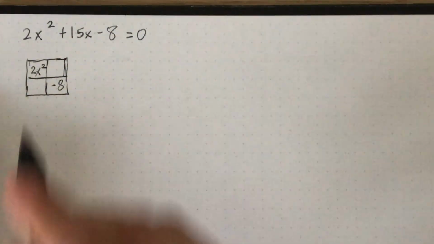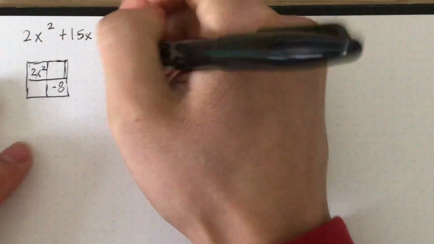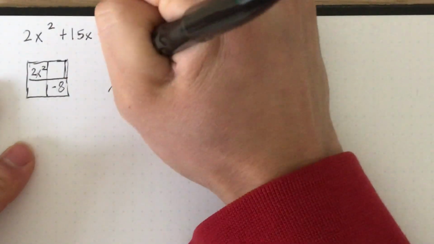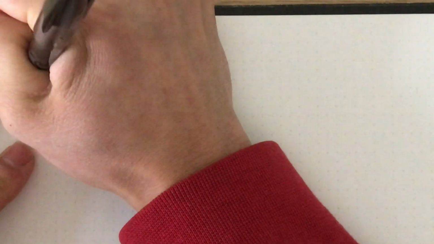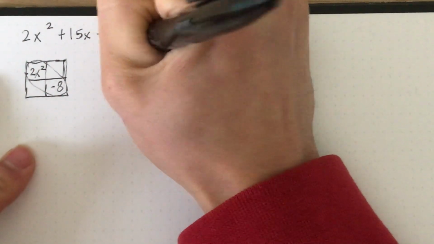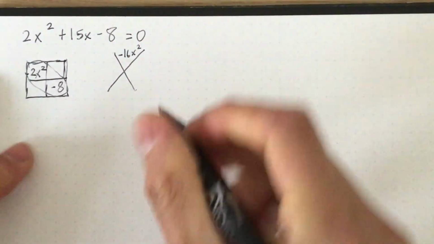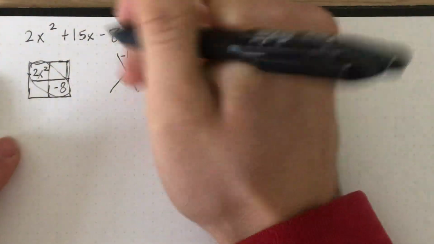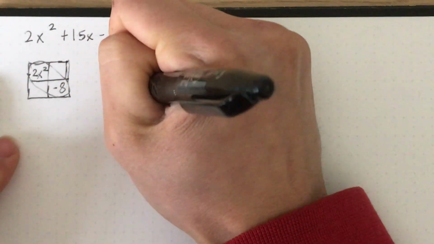We know this is 2x squared, this is negative 8. Let's multiply these. Negative 16x squared on the top, 15x on the bottom.